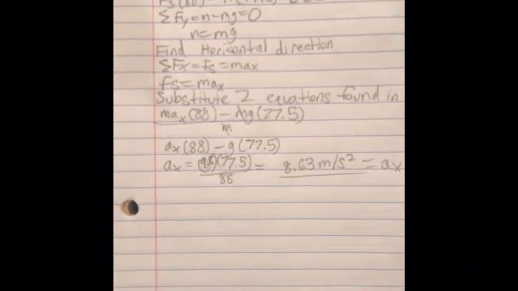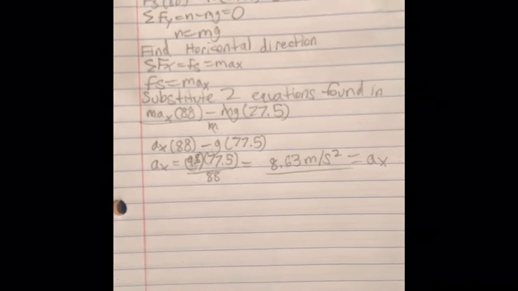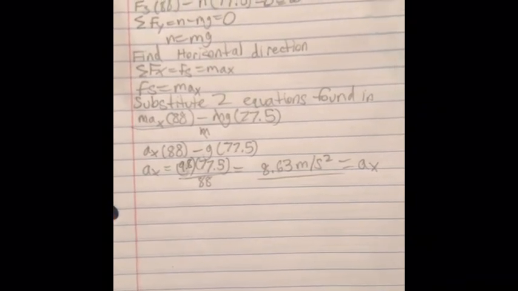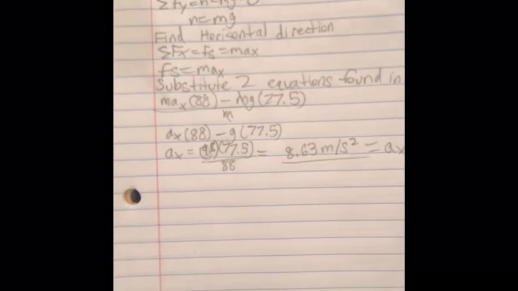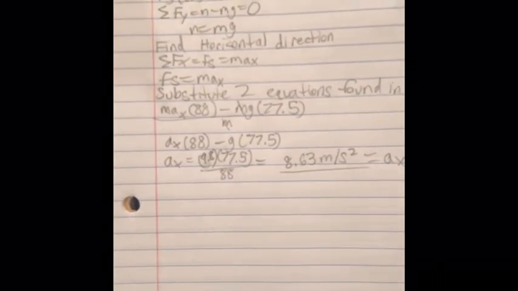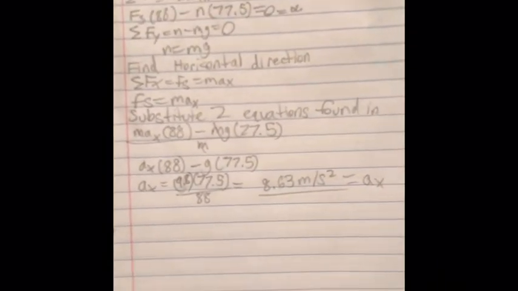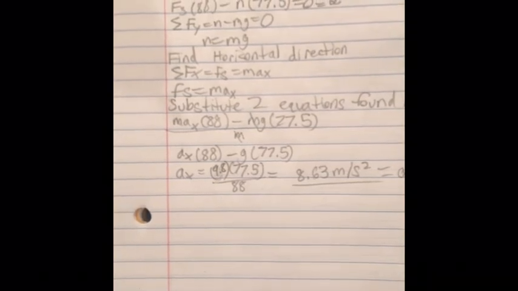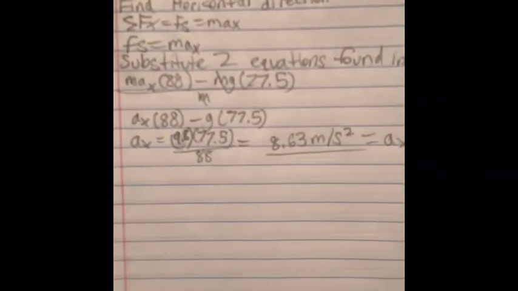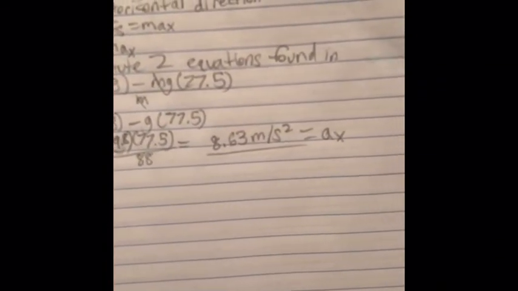So then Fs equals m a_x, and then I substituted the two equations that we found and plugged in the givens. Then I solved for a_x, the acceleration in the x direction, which came out to be 8.63 meters per second squared.